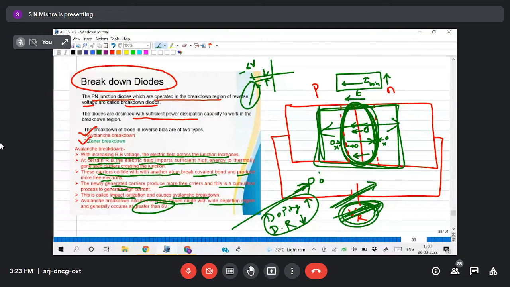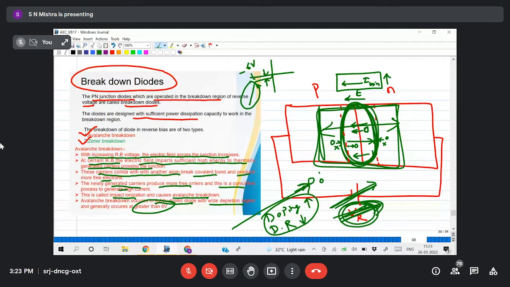So what are the points you have to note here? First, repeated collisions are happening, a cumulative process. Due to that, the carriers are generated, and this process is called impact ionization.